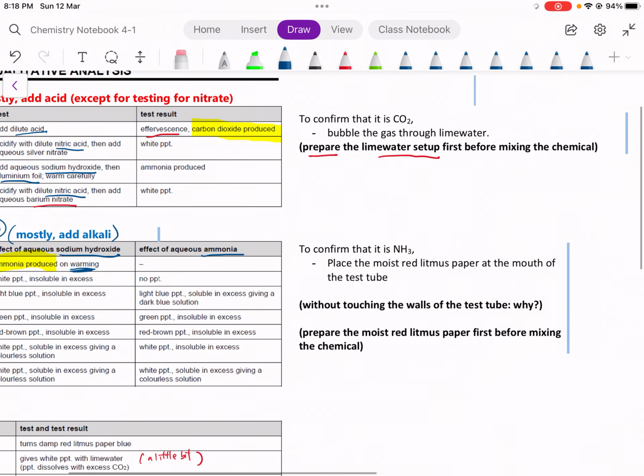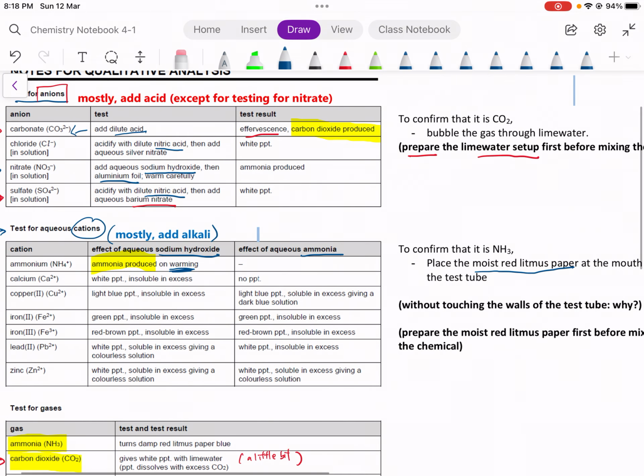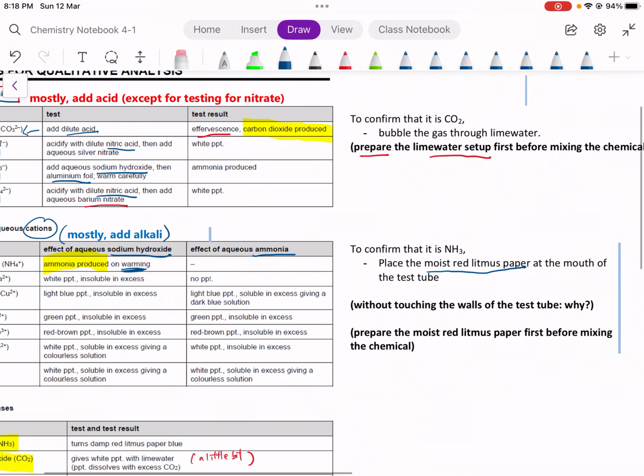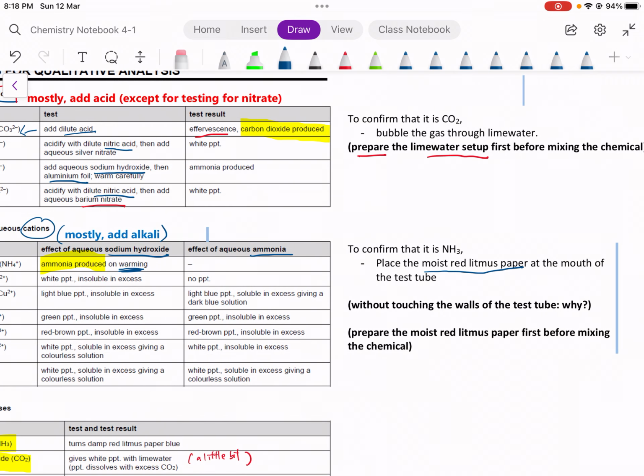So how do we make sure that this is ammonia gas that is formed? To confirm, we need to place moist red litmus paper at the mouth of the test tube without touching the wall of the test tube. Why? Because before we warm it, they ask us to add sodium hydroxide, and sodium hydroxide is alkaline. If a moist red litmus paper touches an alkaline, what will it change color to?